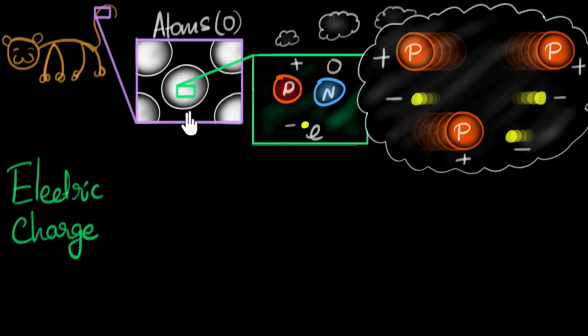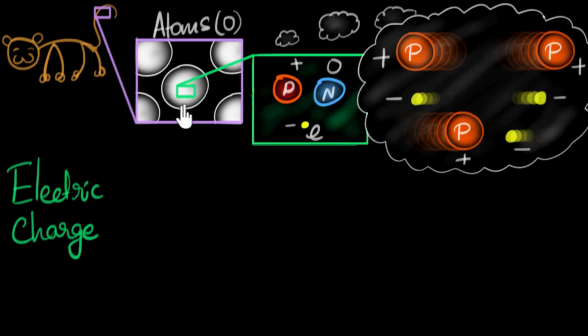For example, if you take a hydrogen atom, it has 1 proton and 1 electron. So 1 plus, 1 minus, together you get 0. If you take, say, a carbon atom, it has 6 protons, 6 electrons. Again, 6 plus, 6 minus, together 0. So atoms are also neutral.